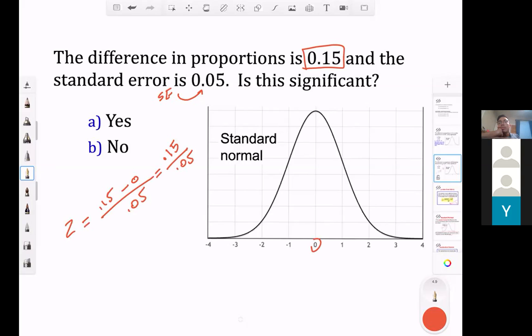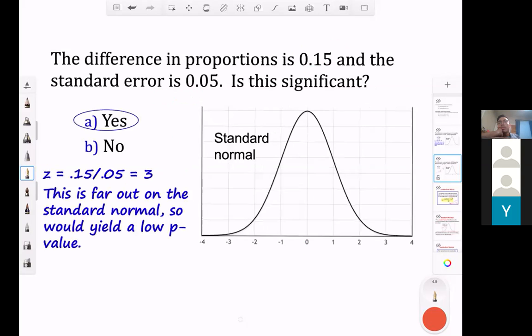We have a solution here. So let's follow the solution. They used the z-score. They got 3. This is far out on the standard normal, so it would yield a low p-value. So the z-score is 3. That means this is 3 here.